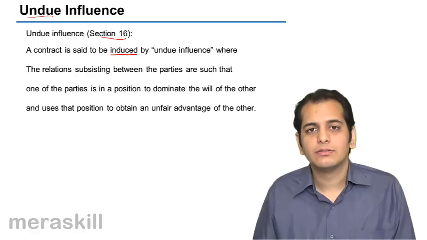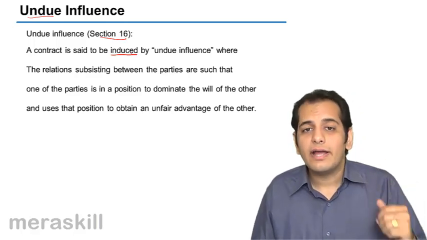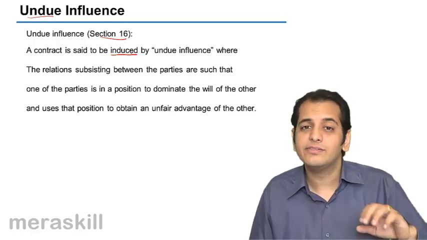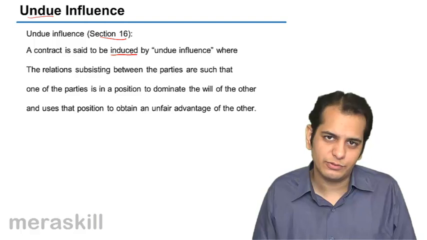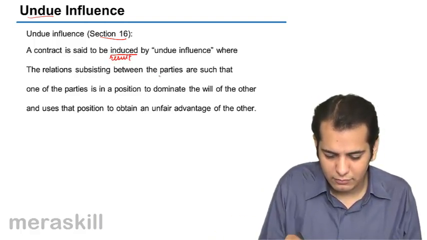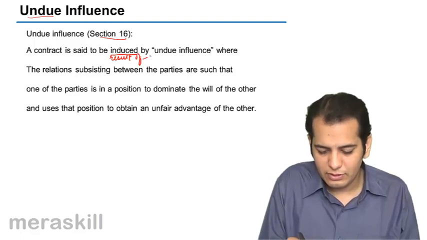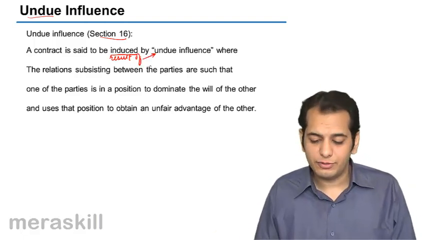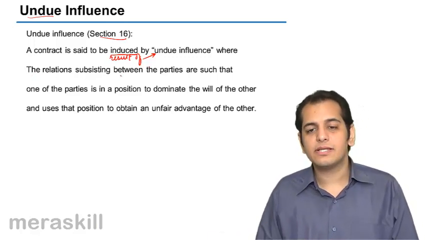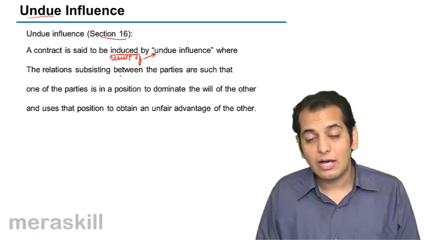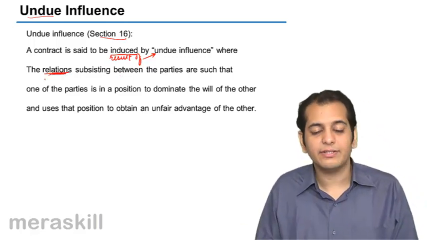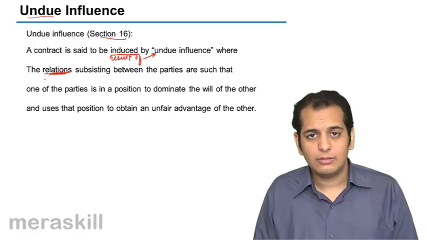Induced means it is entered into because of, it is a result of undue influence, where the relations subsisting between the parties are such that, now the important word in the second line is the relations.